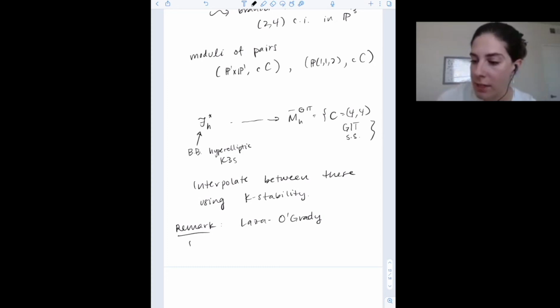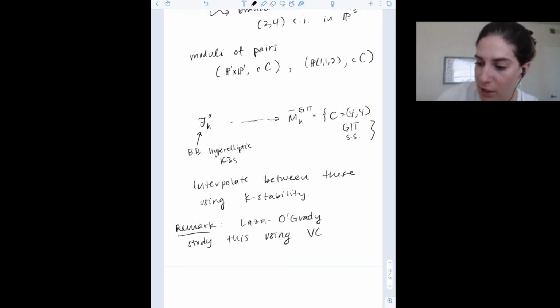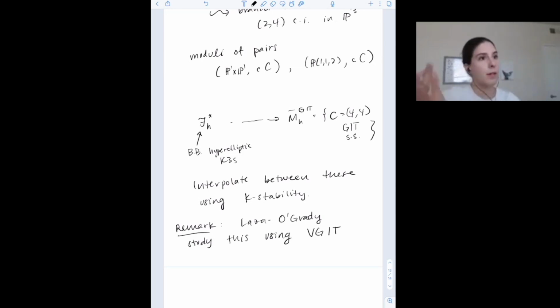And Laza and O'Grady study this using VGIT: defining an appropriate line bundle on this parameter space of these complete intersections, and varying it as you go through, and determining all of the wall crossings.